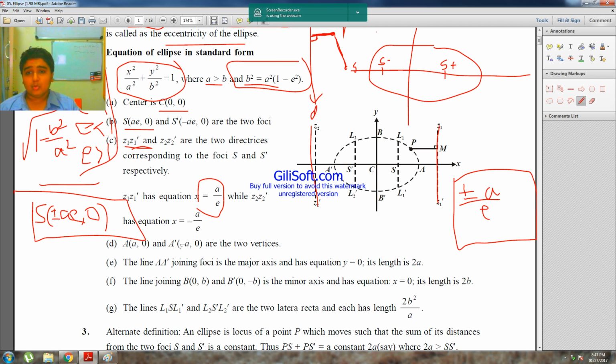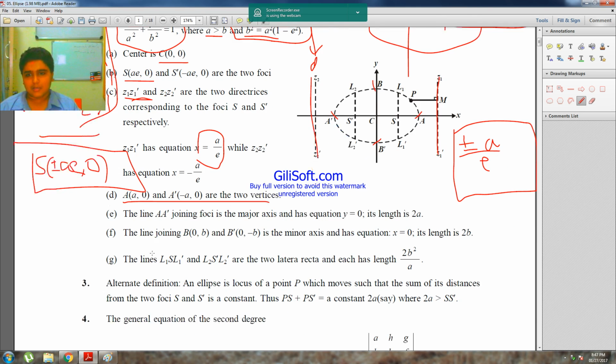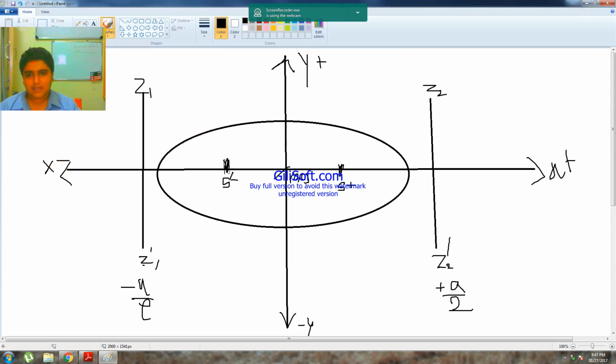Now these are the two vertices, a, 0 and minus a, 0. Where do we have them? We have a, 0 over here, minus a, 0 over here. We got b, 0 over here and minus b, 0 over here, the inverted one. So in the diagram also we call this a, 0 and this would be minus a, 0.